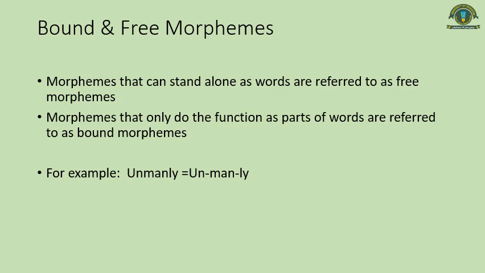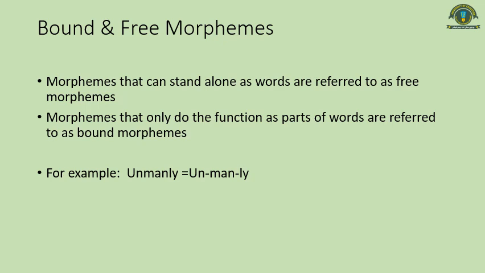For example, if you take unhealthy, an adjective, in it, un can't stand alone and functions as part of other words. Another example: good. How do we make adverbs? With ly. The ly in itself is a bound morpheme.